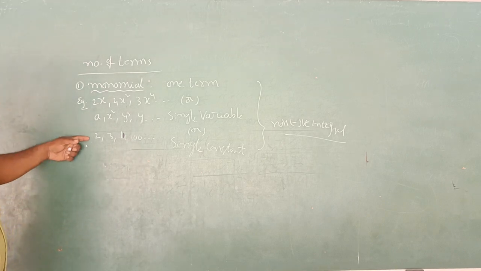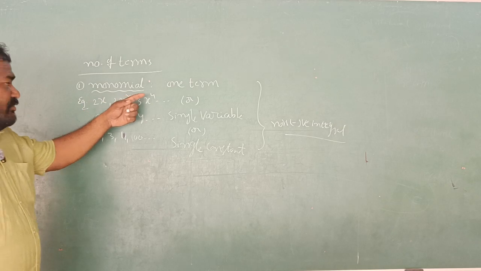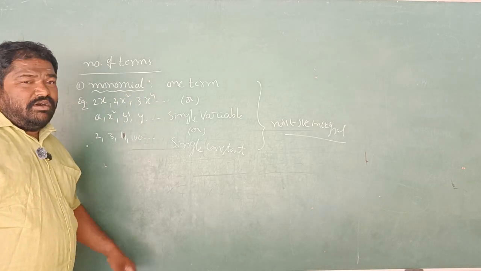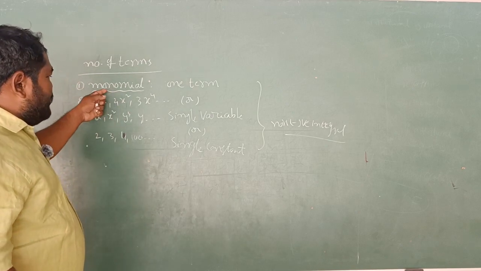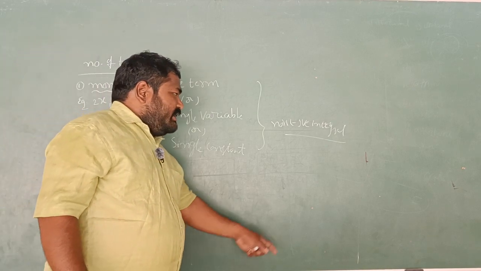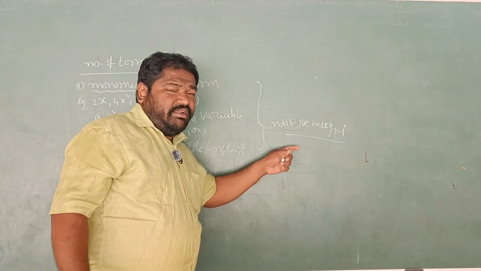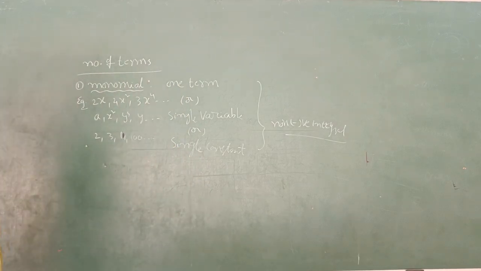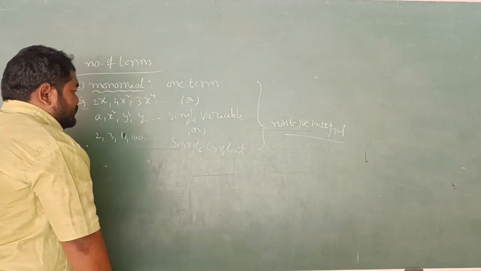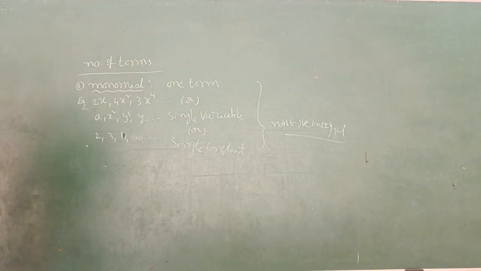Therefore, all these are in the form of one term. A single term, single variable or single constant is called a monomial, but the variable contains non-negative integral power. I already explained non-negative integral power. Okay, this is the first one, monomial.